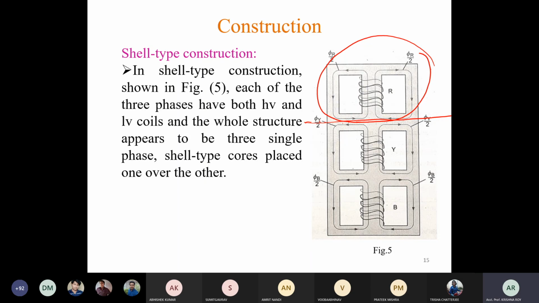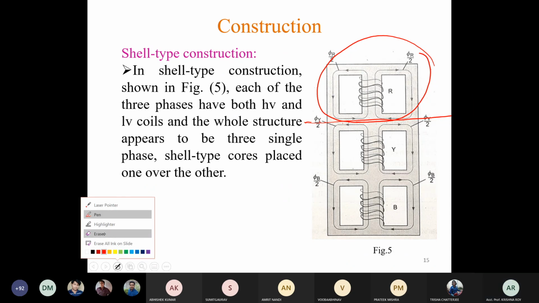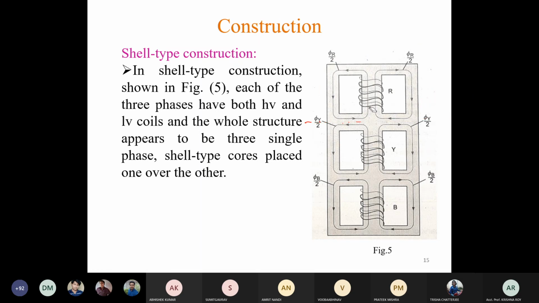Okay, now here you can see the flux path. This section and this section are carrying equal amount of flux. This section, this section, this section, this section, all these sections are carrying total flux by 2, that is phi by 2 amount of flux.